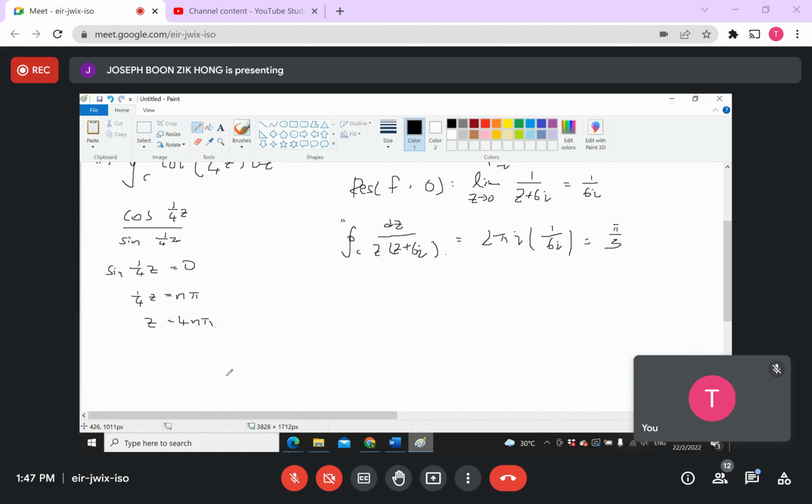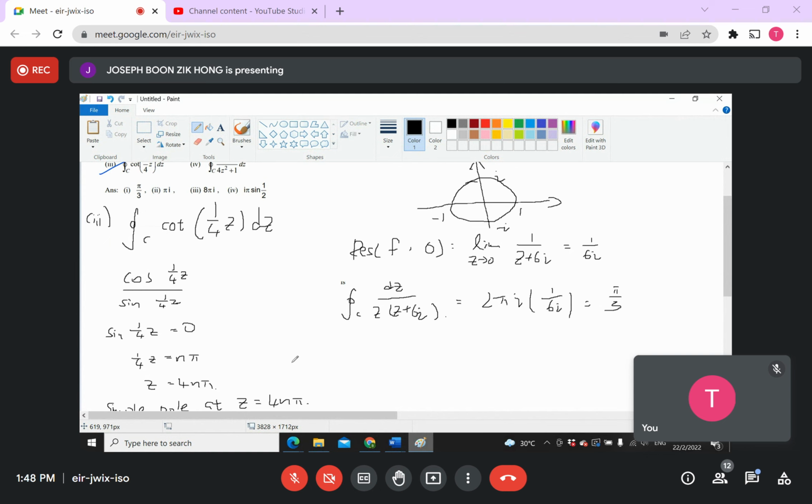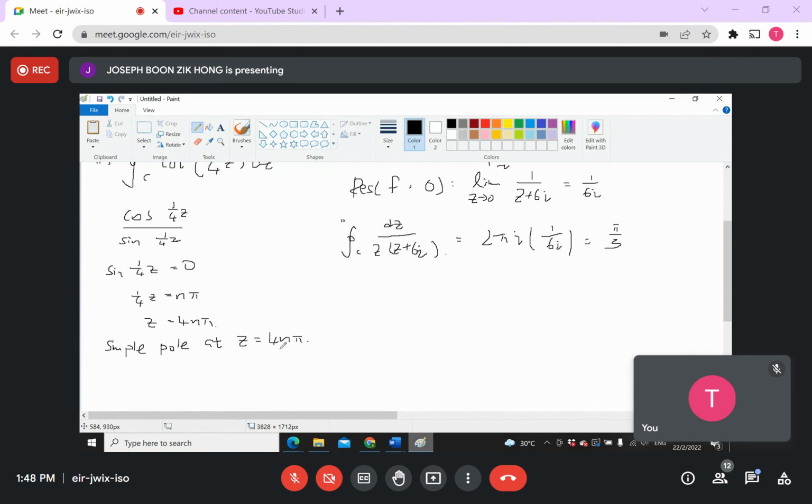Okay, so simple poles at z equal to 4n pi, so you have a lot of simple poles. But because it's the unit circle, when n is 1, it's already over. 4 pi is more than 1 already.